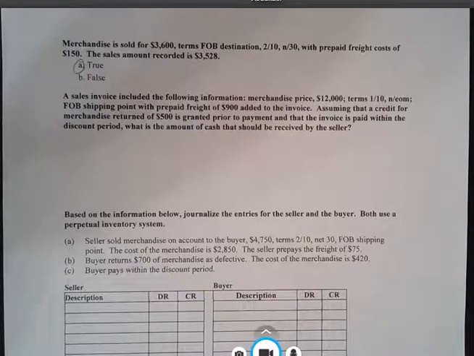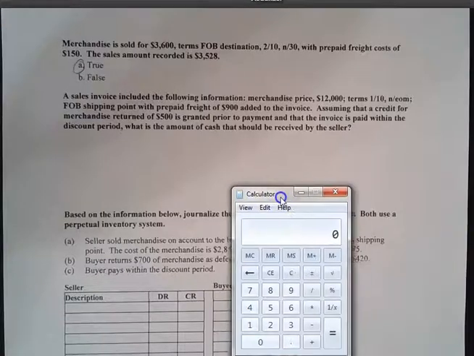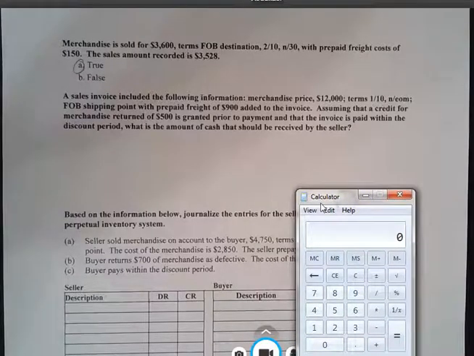Okay. Let's bring our calculator back over here. And so remember, even though this is only a 1% discount, this is implicit interest of about 18.4% roughly. So we're going to take this discount too. So this $12,000 here, the seller isn't actually going to receive that full $12,000.